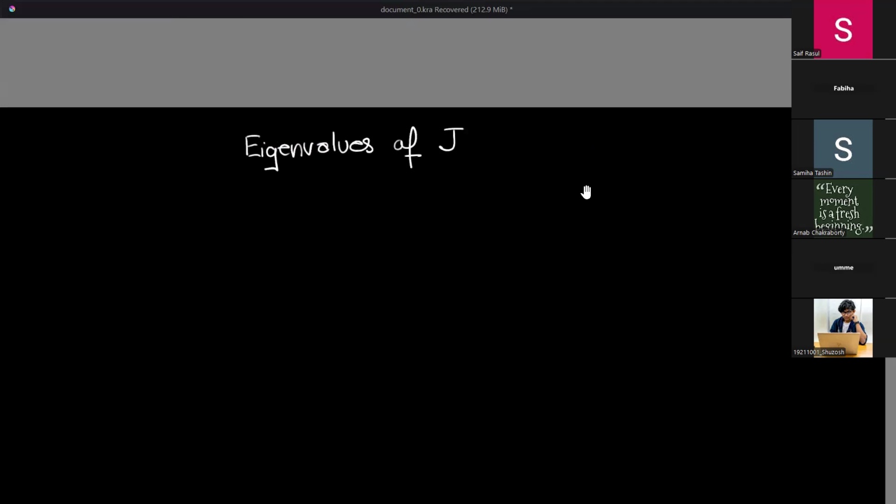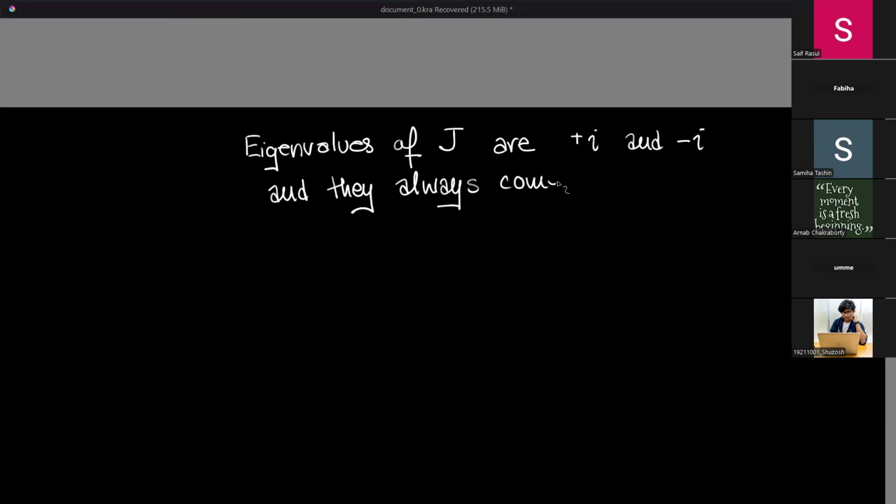So the claim is that the eigenvalues of J are plus i and minus i, and they always come in pairs.